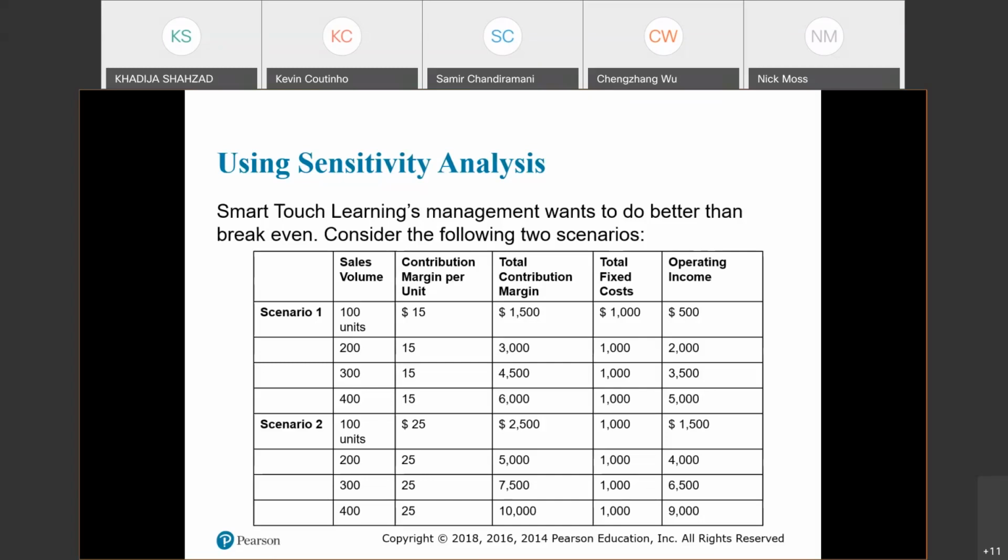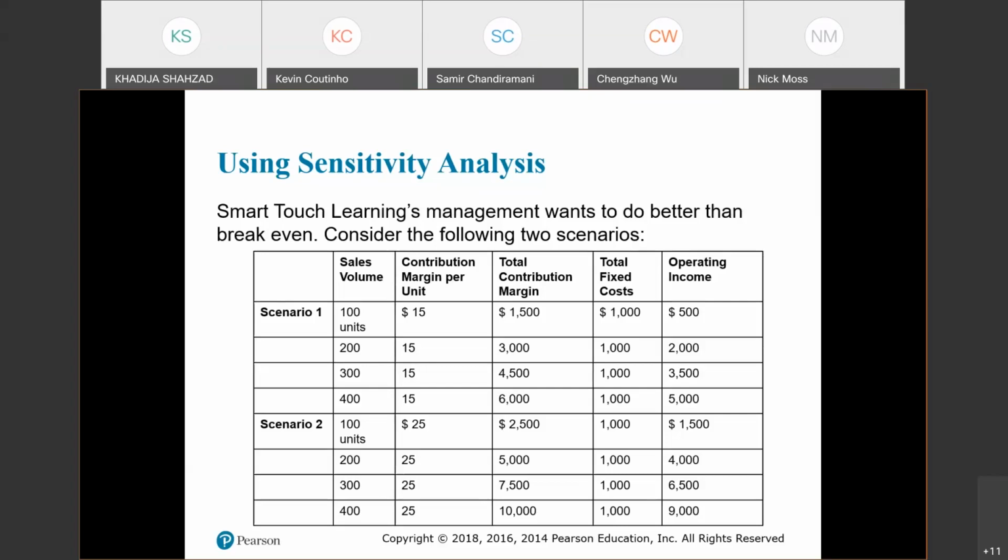So please consider these two scenarios. In scenario 2, please notice how much operating income increased compared to scenario 1 when the sales volume increased. The only difference between the two scenarios is a difference in contribution margin.